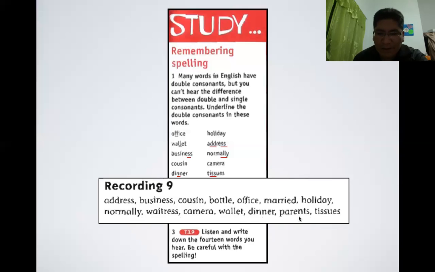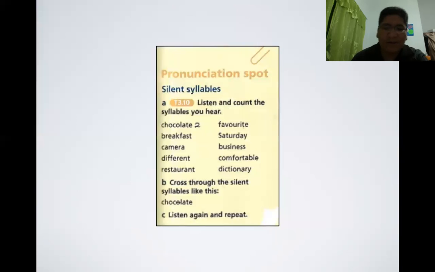Dinner, 12. Parents, 13. And tissues, 14. Okay, I hope that you have written like this with these 14 words. Let's continue with the next activity.